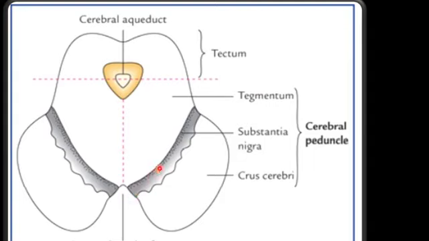This area is called the substantia nigra. So the tegmentum, the substantia nigra, and the crus cerebri will make up the cerebral peduncle. And we have two halves, the right cerebral peduncle and the left cerebral peduncle, with the interpeduncular fossa at the center.